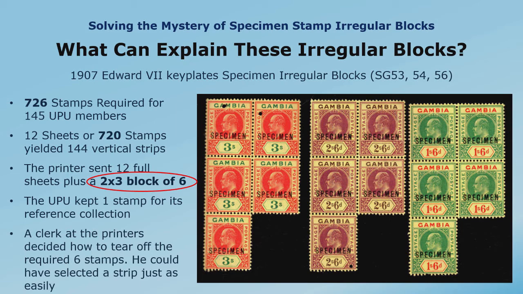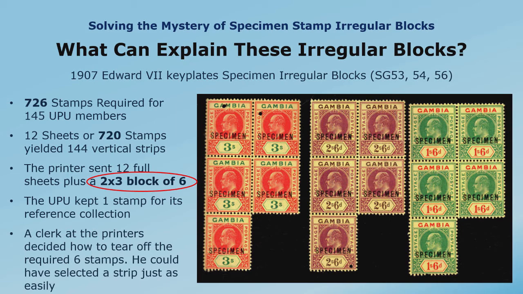And what the clerk decided to do, for no policy or any other procedural reason, but strictly for convenience, is to take a block of 6, a 2x3 block of 6, off the corner of one of these sheets, and that's what got sent.